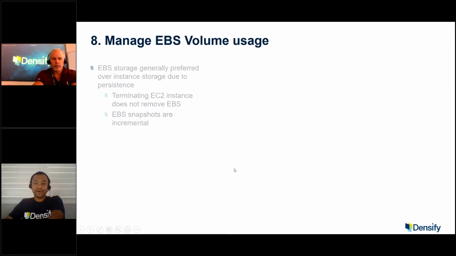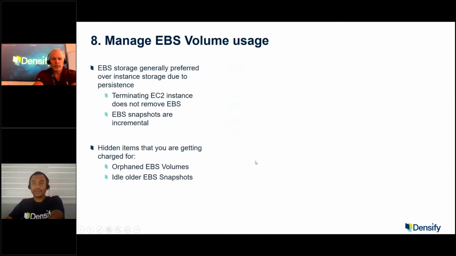So we look at EBS volumes. This is also something we see very commonly, and it comes in with Elastic IP addresses, hand in hand. With EC2 instances, you have storage options: EBS volumes or instance storage, and EBS volumes are much more preferable because they give you persistence.